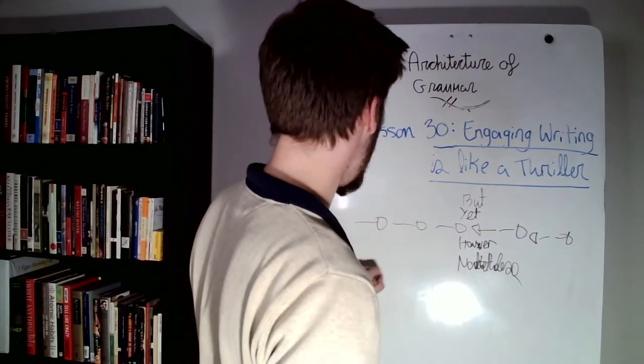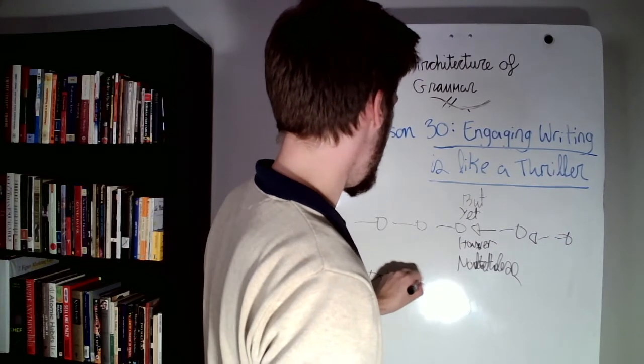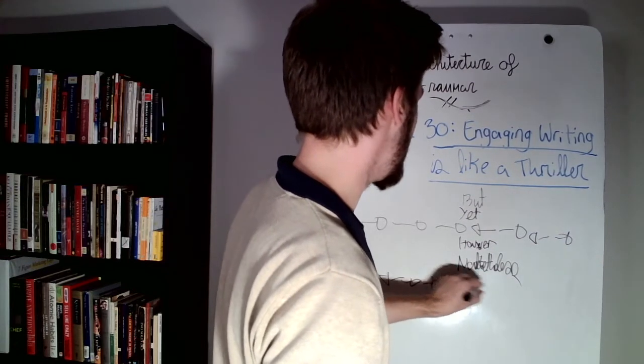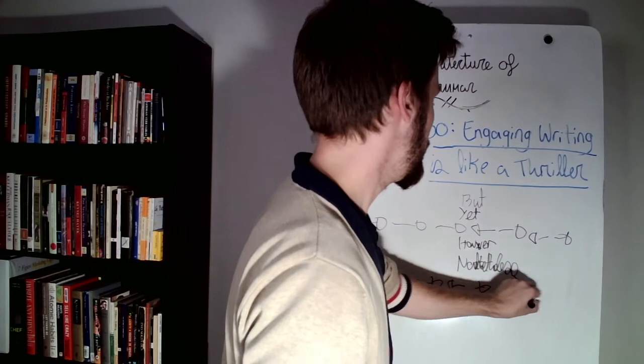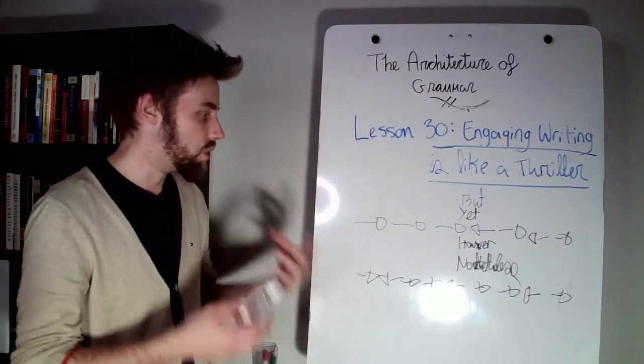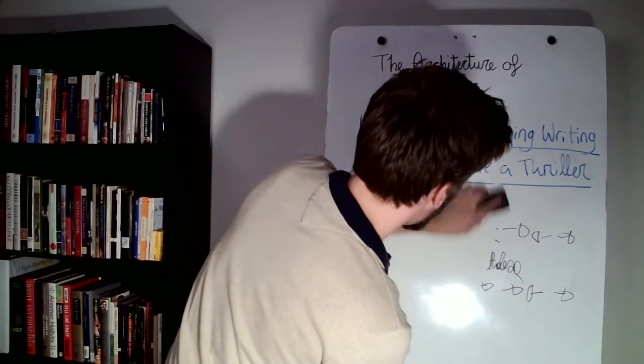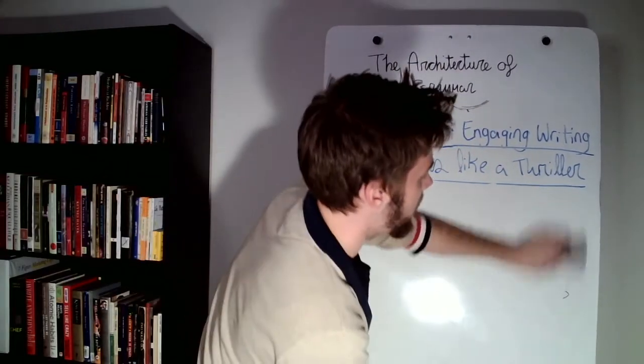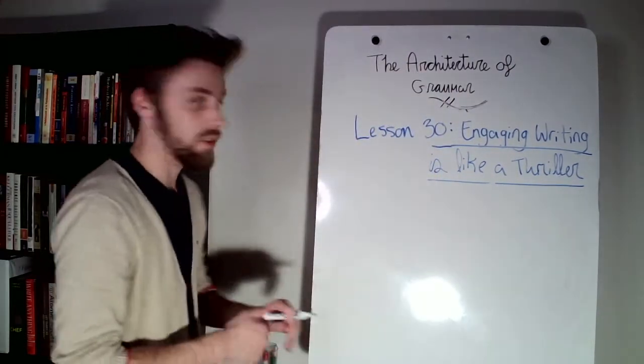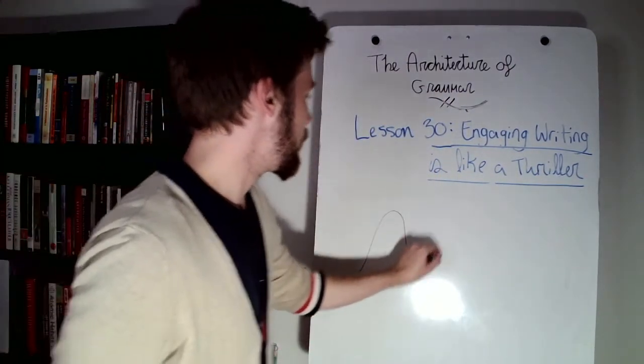But essentially what you want to make sure of is that you are not always going in the same direction, right? So you want to make sure that this is unpredictable. You want to make sure that you're writing using all of these different things that we've talked about throughout this video series. You want to make sure that it is a roller coaster.